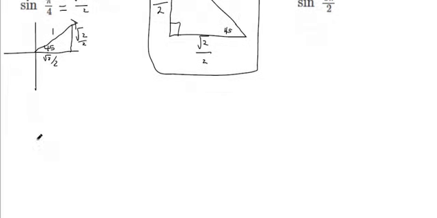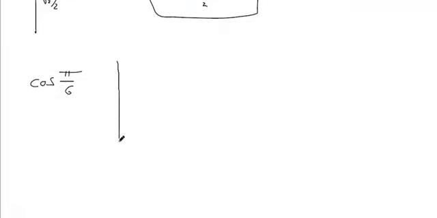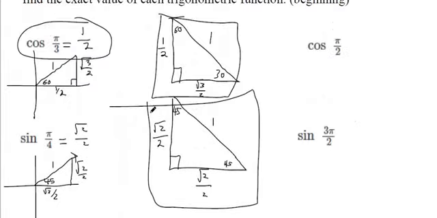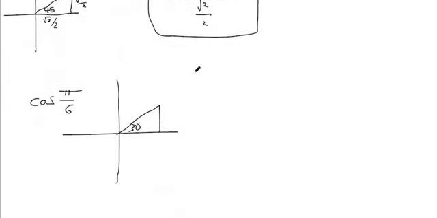Okay, let me do one more. Let's do cosine pi over 6. If you convert pi over 6 to degrees, that's 30 degrees. So here's my 30-degree angle, and I always make a right angle with the x-axis, so I'm going to bring this down. According to our special triangles, 1/2 is always supposed to be opposite of 30, so I'm putting 1/2 over here.